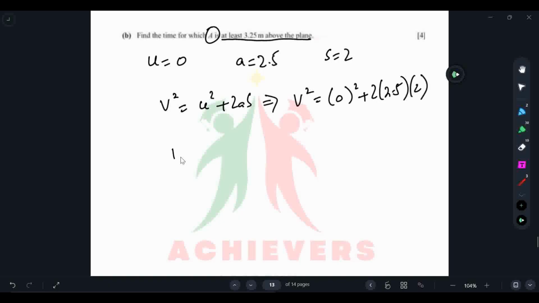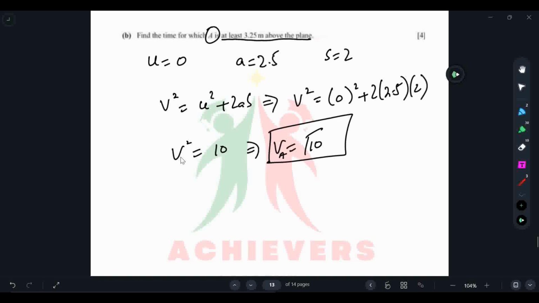If we simplify it, 4 into 2.5 is 10. So v square is equal to 10, which means v is equal to square root of 10. This will be the velocity of particle A.